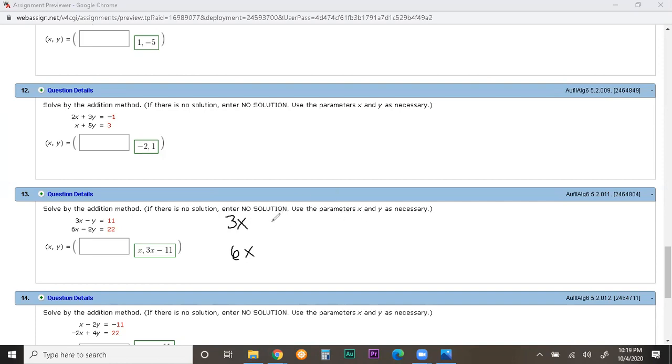If we wanted to make these cancel, we can multiply this first equation by -2. That will give us a -6x and a positive 6x, which will be 0. If we look at our y's, we have -y and 2y. If we multiply that first equation by -2, we will have positive 2y minus 2y, which will give us 0, okay?